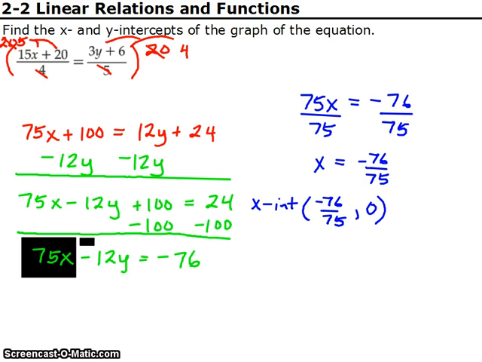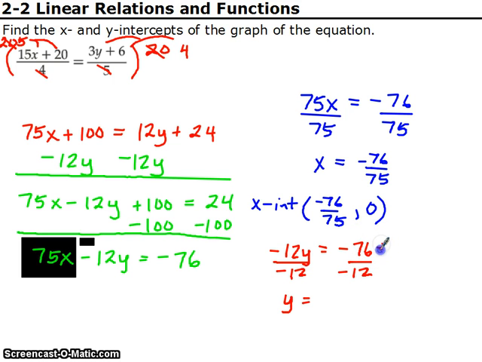So let's solve that equation. We're going to divide both sides by negative 12. So we get y equals positive. And 12 doesn't go into 76 evenly, so we can just reduce this fraction.